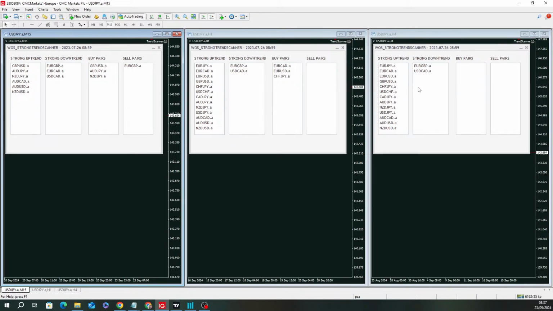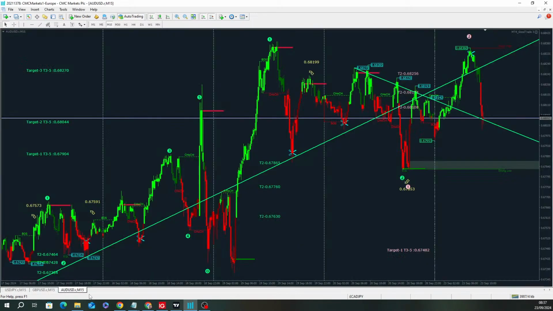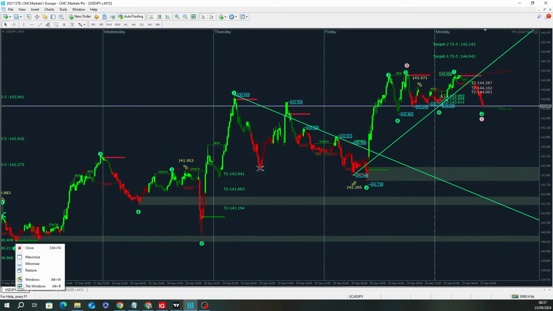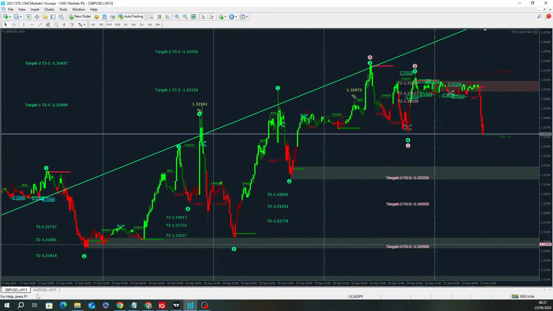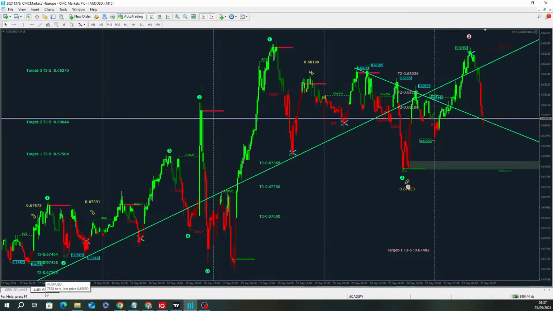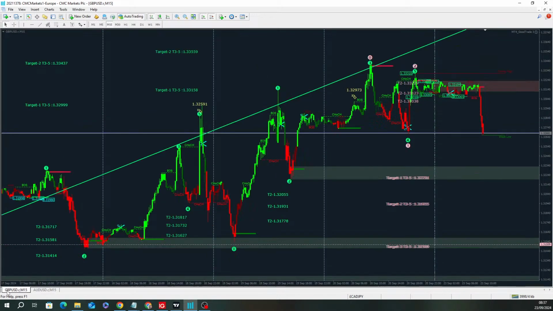We cannot trade the US dollar Japanese yen this morning, so we only have the pound and the, I'm going to close this. So basically we are left with these two pairs, pound dollar and the Australian dollar, as a buy pair. So let's do the analysis.